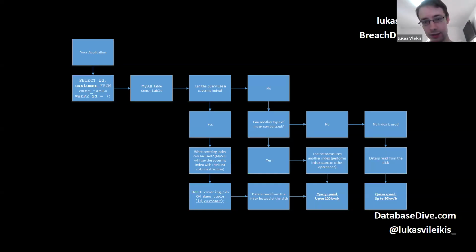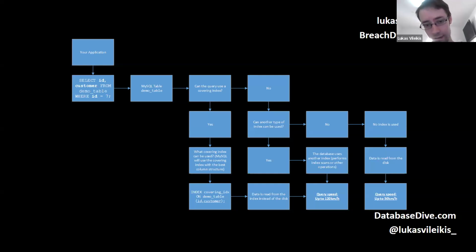If there are multiple covering indexes, MySQL usually chooses the covering index with the best column structure. A covering index, as I already told you, is an index that can be scanned through instead of your database scanning the disk. And as a result of that, your queries will be significantly faster than usual.